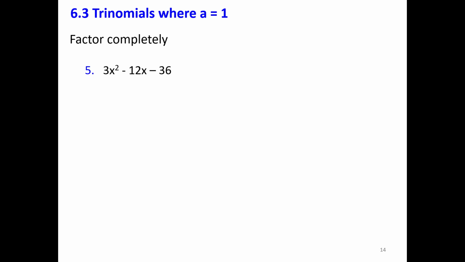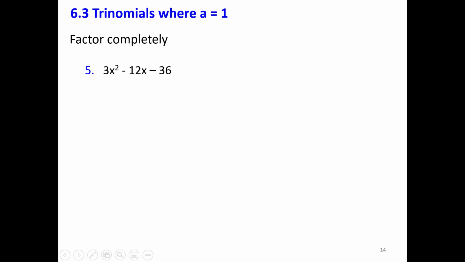Also, in some cases, you need to combine two different factorization methods. And always, if you have a number in front of the variable, like in this case, you will see if you can first factor out using the greatest common factor.